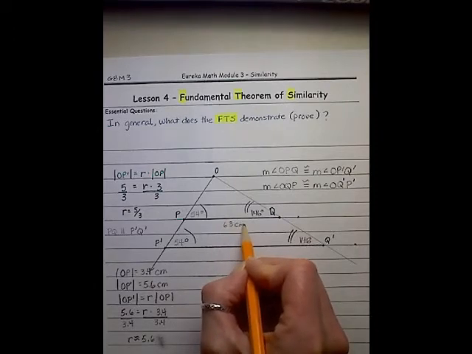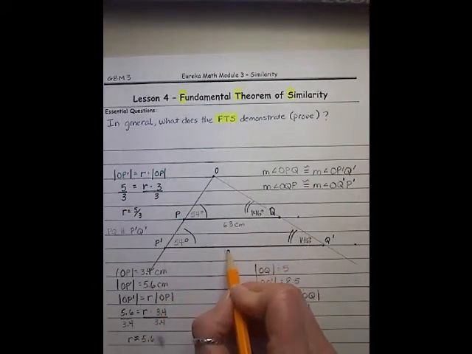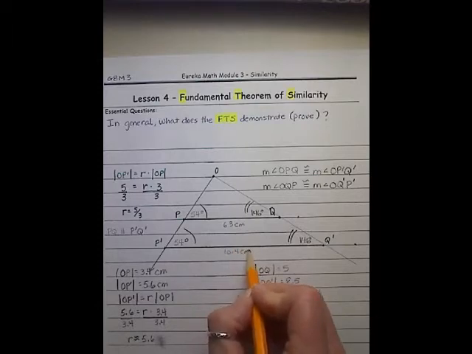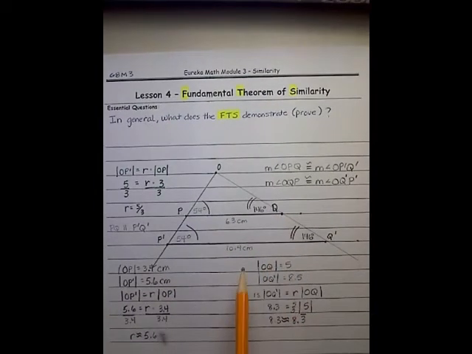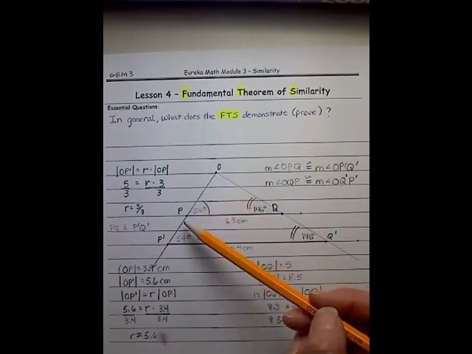And I've got P prime Q prime equal to 10.4 centimeters. And I want to see what the scale factor is that relates these two segments. I want to know if this segment dilated using the same scale factor as when we dilated these points.